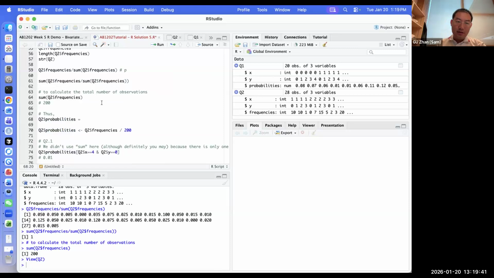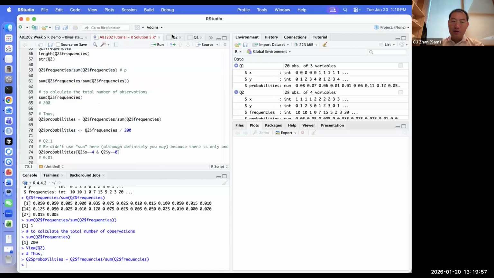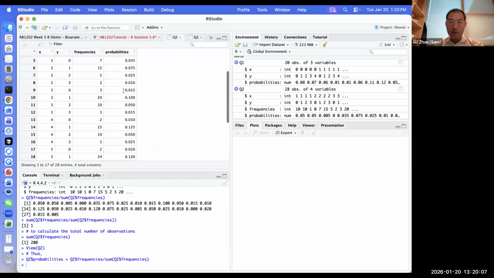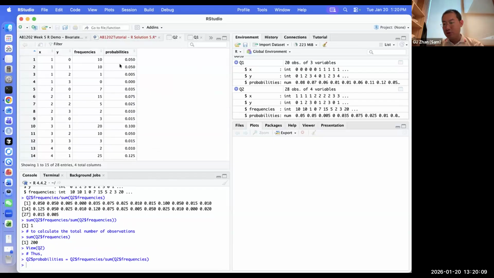So we can type it. It is equivalent to this one. So this is a probability. You can use the sum of the frequency, which is 200 now, or the lower formula. They are the same. Now after running this line 68, you are seeing that there's one more variable being created. So you go to Q2, you see this probability assigned for each line.